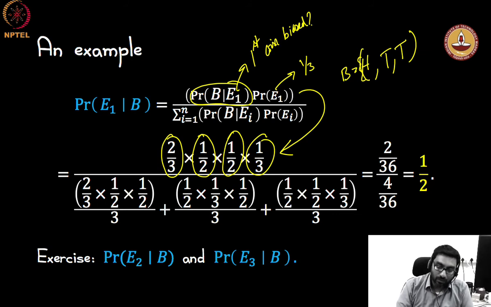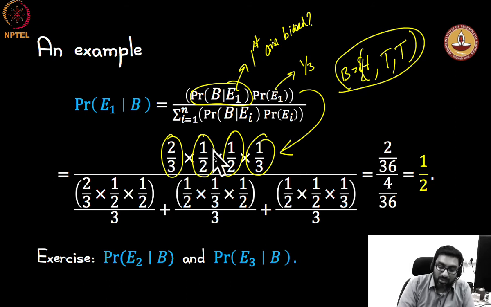Which means that the outcome B has probability the product of 2/3 times 1/2 times 1/2, because these three coins are tossed independently. So now you see that we are able to get all the numerator values.